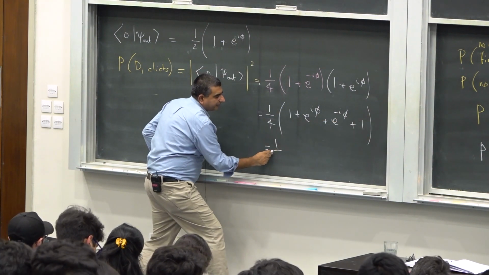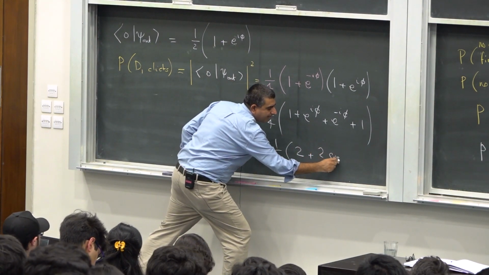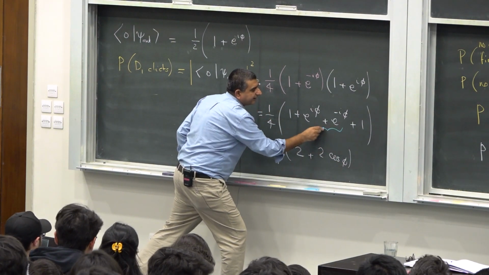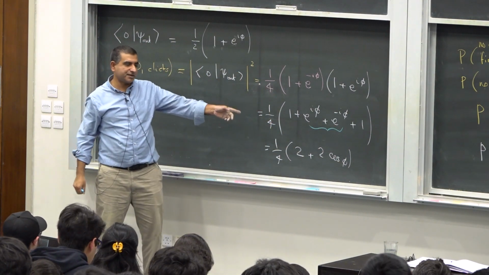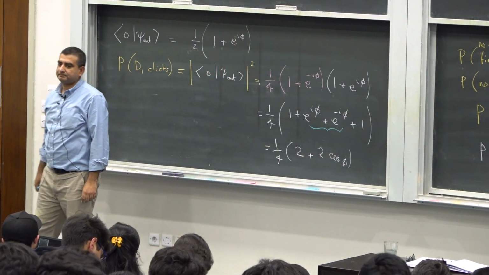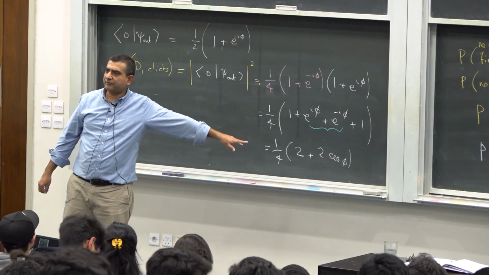So this is 1/4 (2 plus 2 cosine of phi), right? It's a trigonometric identity, e^(i phi) plus e^(-i phi) is equal to 2 cosine of phi. And I think there are some homework problems on this.